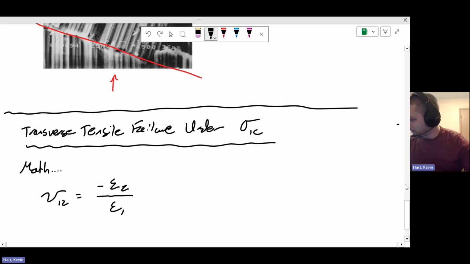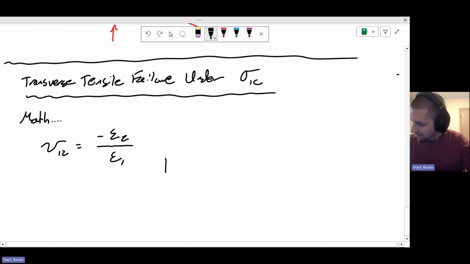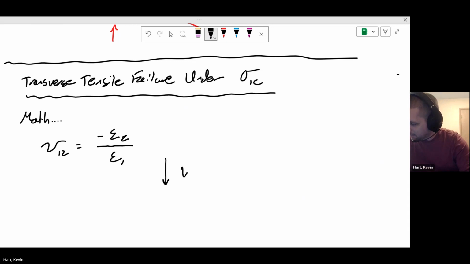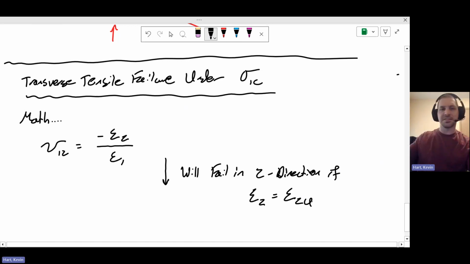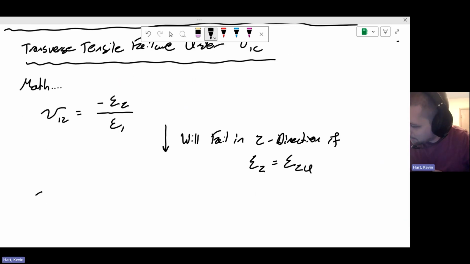Now let's move on. Next step is to say, all right, we're going to fail if the strain in the two direction reaches some ultimate strain. So it reaches some ultimate value. Fine. No problem. So let's put that in here.